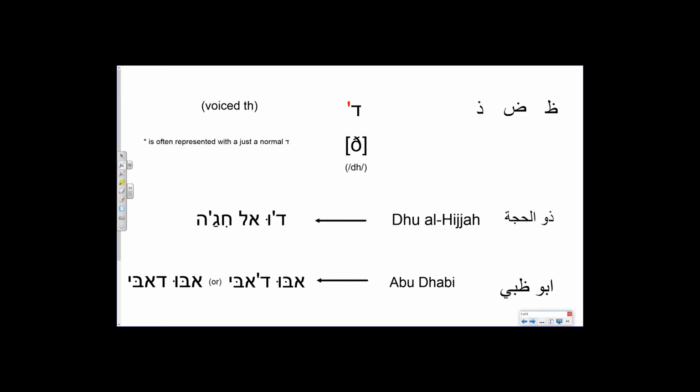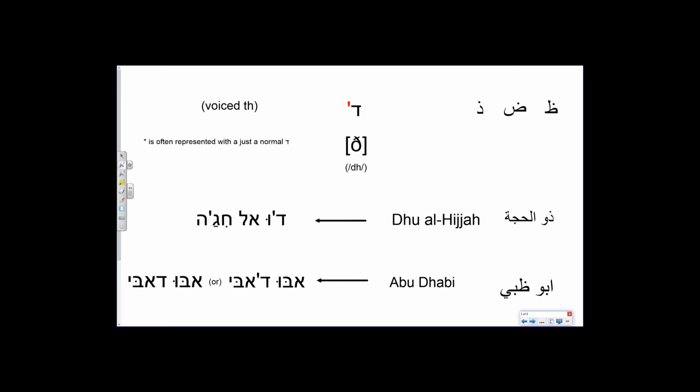So you have the Arabic letters up here, and those sounds obviously don't exist in Hebrew. They are the voiced th. So for the word Dhu al-Hijja, which is something significant within the religion of Islam, you can see we have the Chupchik on the dalet and the gimel, so it turns them to the dh and j.